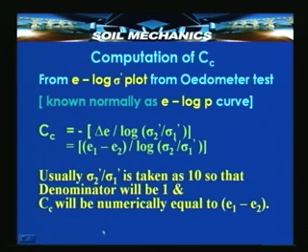That means, for unit change in stress along this axis, we find the change in void ratio and get the slope, which is nothing but the compression index. So, taking a 10:1 ratio between sigma 2 dash and sigma 1 dash, we will be able to find Cc, which will be numerically equal to e1 minus e2. e1 and e2 are non-dimensional, and therefore e1 minus e2 represents a non-dimensional slope Cc.